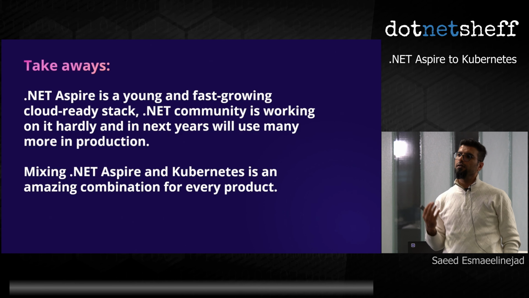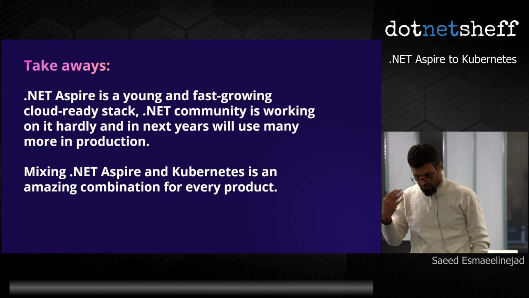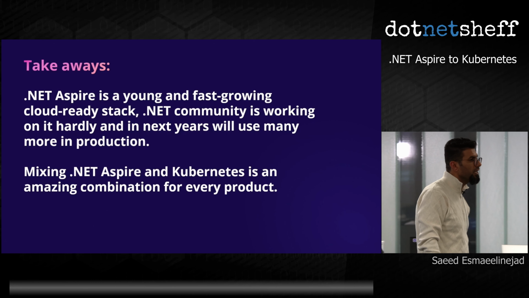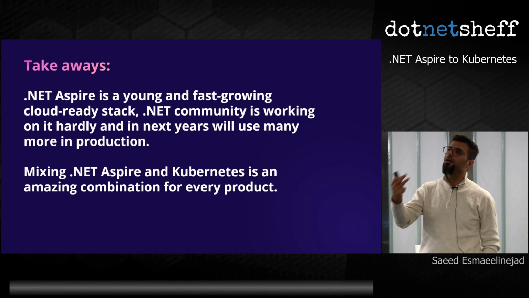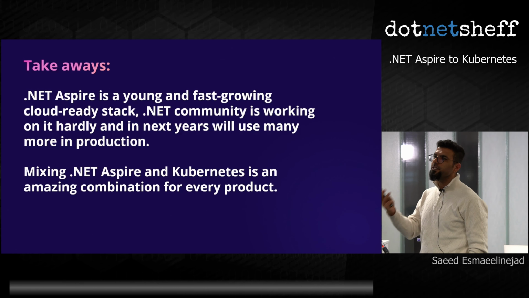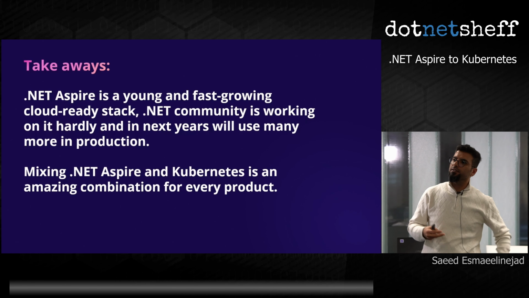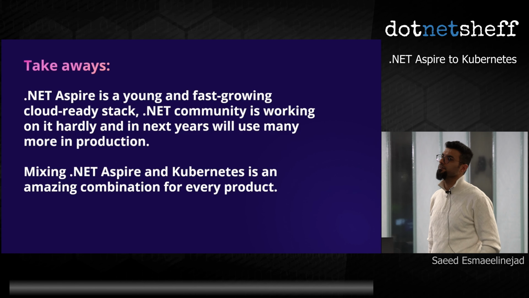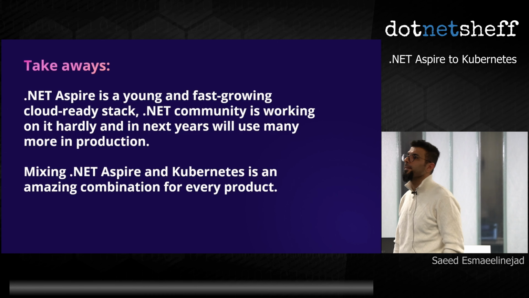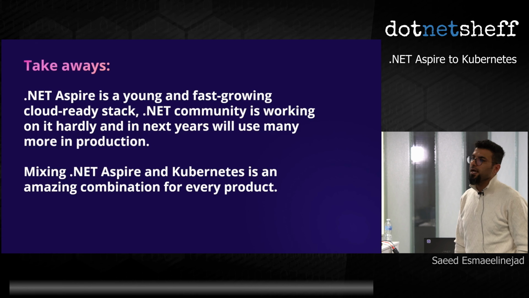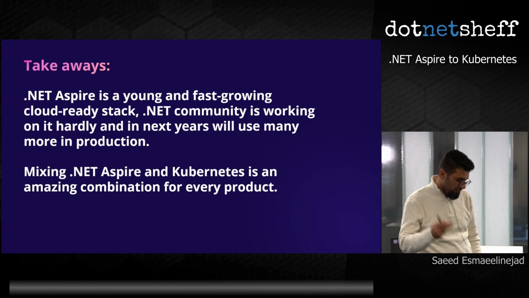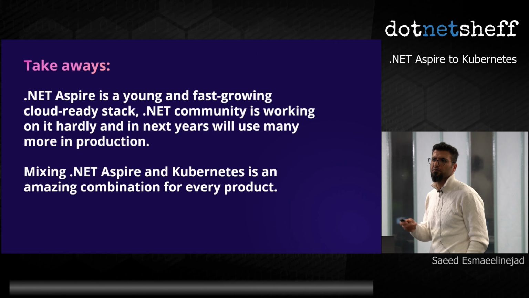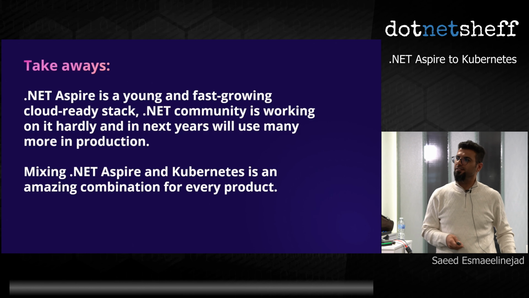There's lots of chance to evolve, and the community is really working on it to put in more features and make it easier to work with, because when a project is growing, it's really complicated to maintain. But yeah, you can easily use .NET Aspire and also Kubernetes, which is cool for any product using Kubernetes.